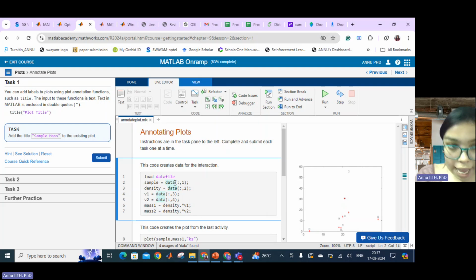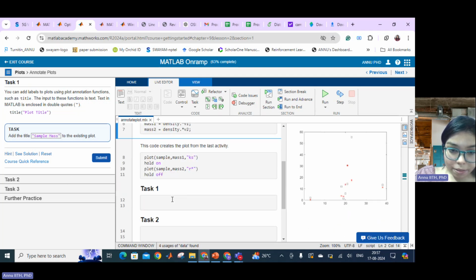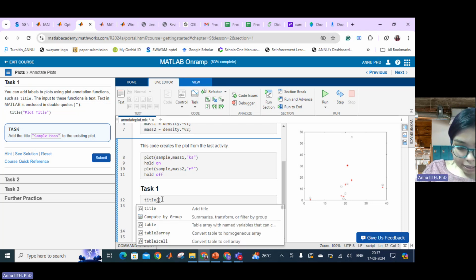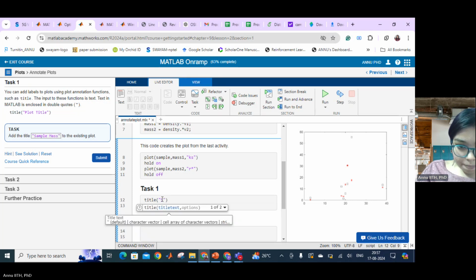So now the task is annotating the plots. How can we annotate the plots? You can add labels. So annotating, giving the names. So you can have a title. Suppose let's have a title. There are two plots already given. So we can have title as sample.